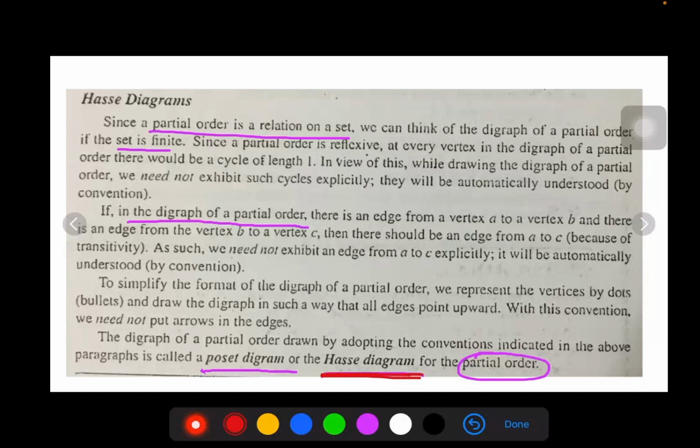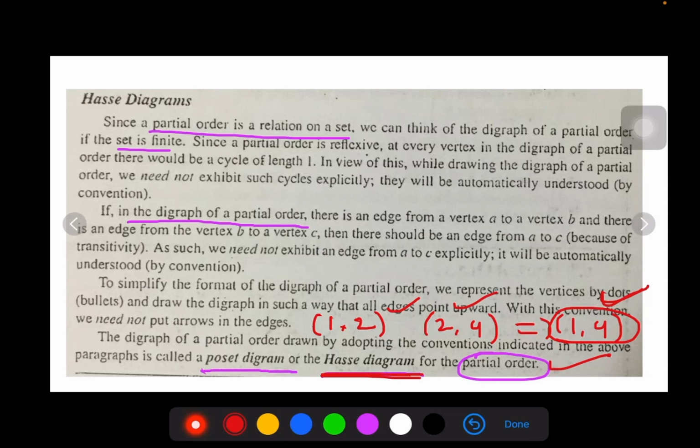If there is a relation from 1 to 2 and from 2 to 4, then there should always be a 1 to 4 relation because of the partial order. But this line will not be mentioned in the diagram. Only these two edges will be present, not this edge. It is understood by default that for every Hasse diagram, the third element of the transitive property is present.